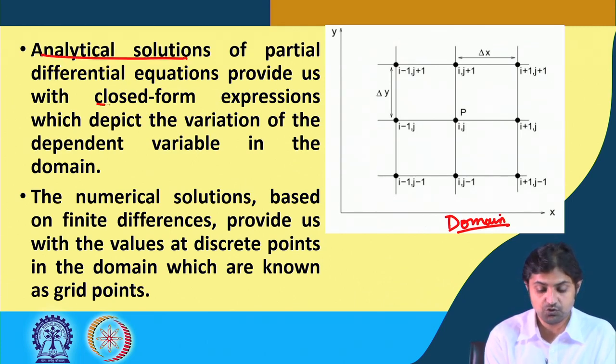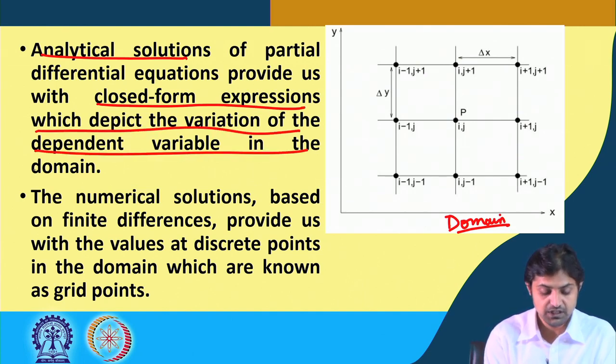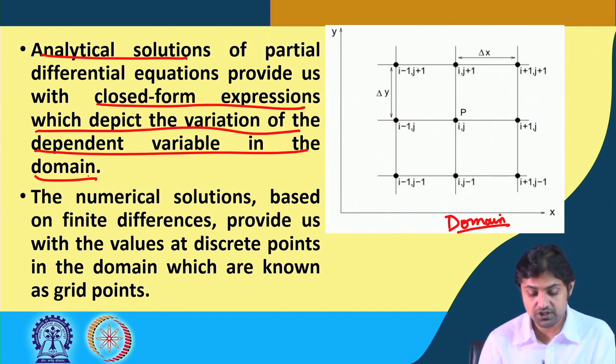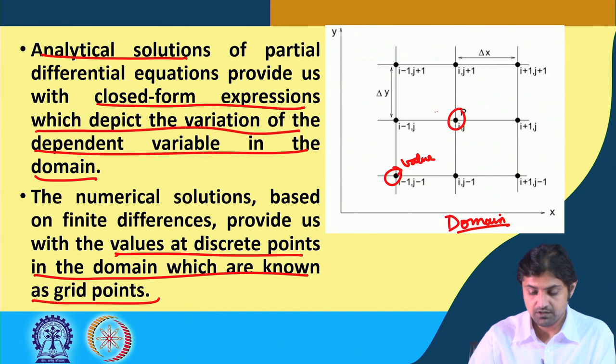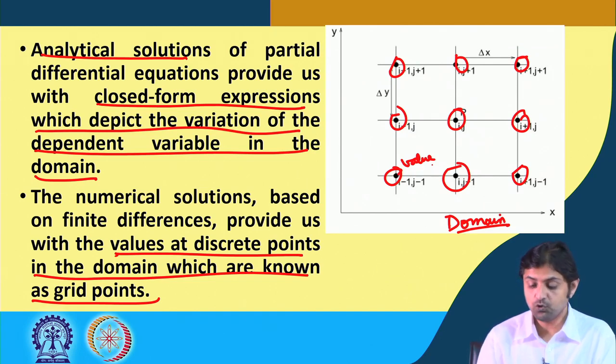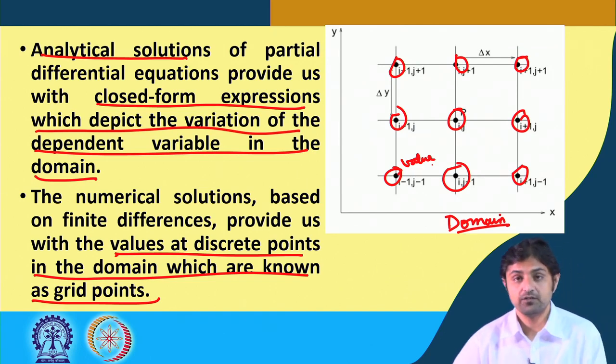It provides us with closed form expressions which depict the variation of the dependent variable in the entire domain, whereas the numerical simulation based on finite difference provides us with the values at discrete points in the domain. So, it will provide us the value here, here, here, here, whereas the mathematical solution will give us a closed form expression which is valid everywhere, all right, not only at some points.